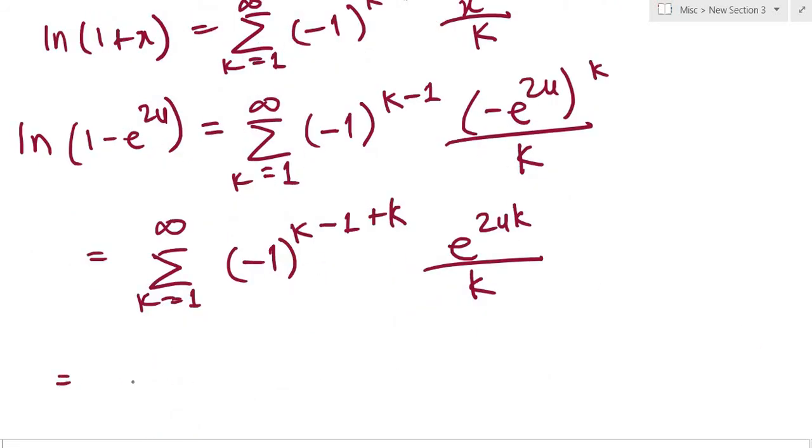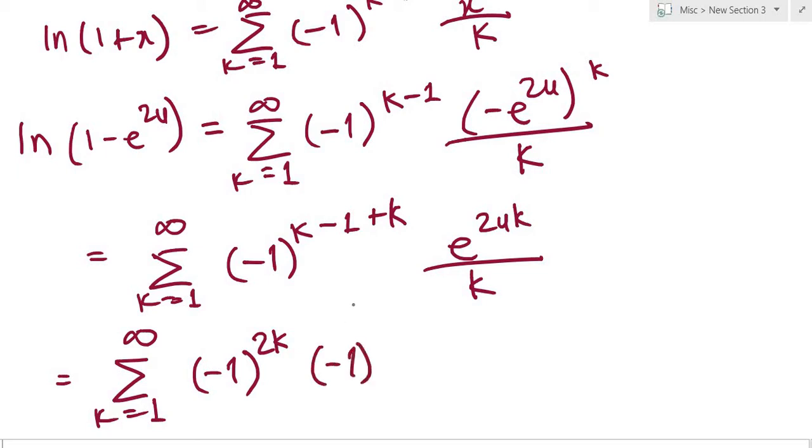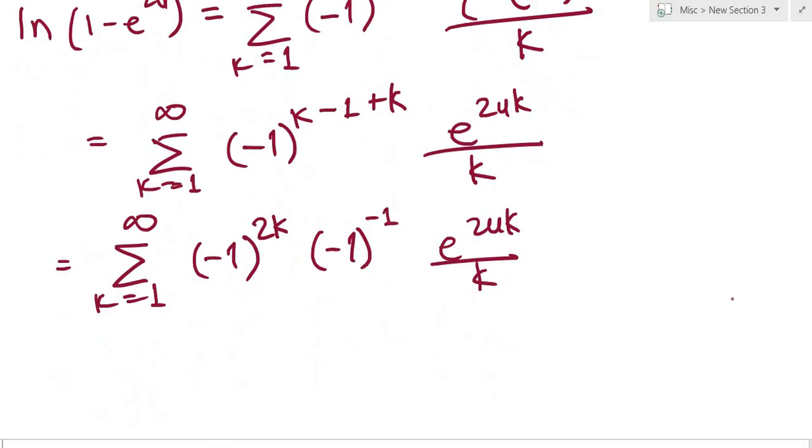Now I would like to just separate this a little bit. So the sum over k goes from 1 to infinity, of minus 1 raised to 2k, times the negative 1, because raised to, you can say, negative 1 power, e raised to 2uk over k. Now the best part over here is negative 1 raised to an even number, right?